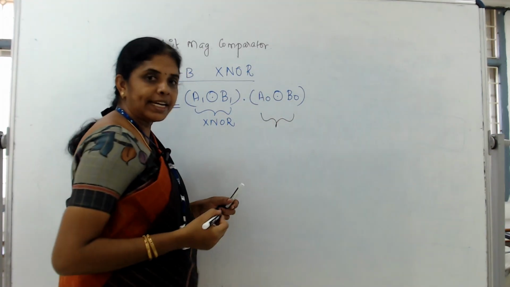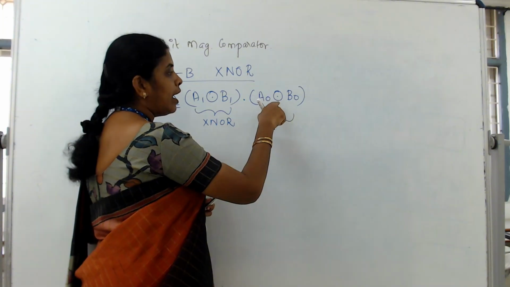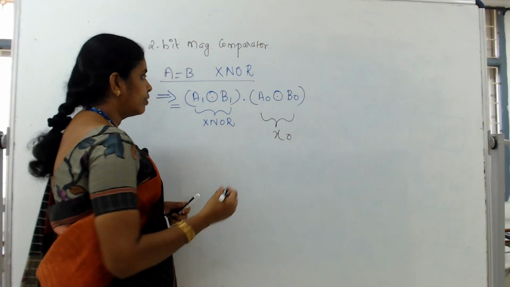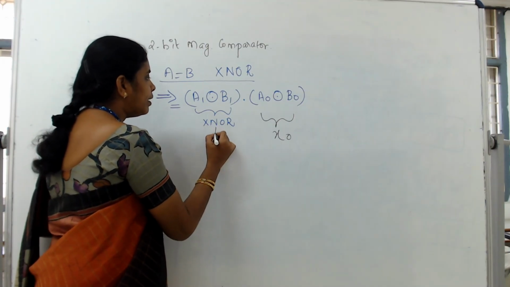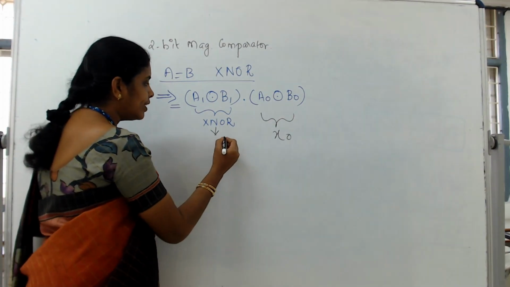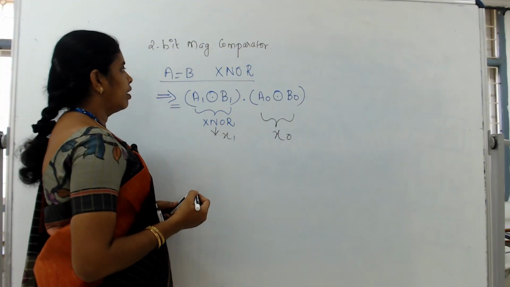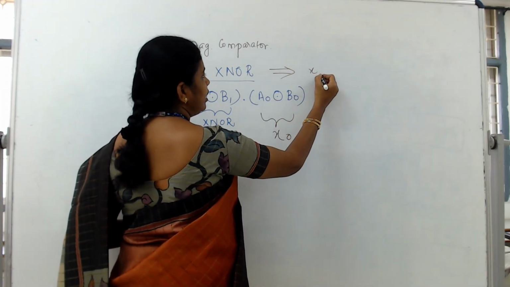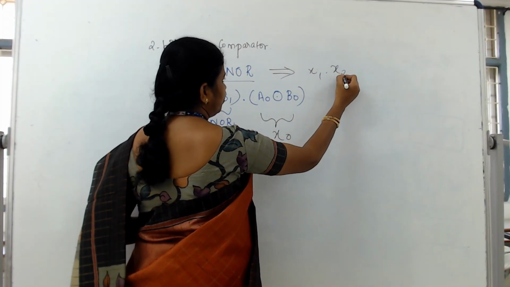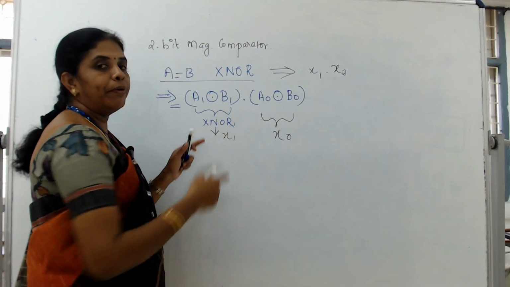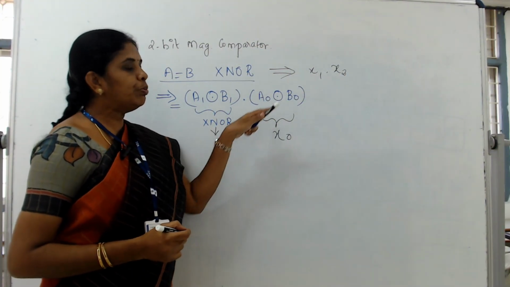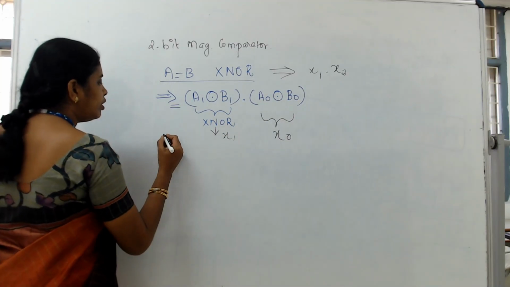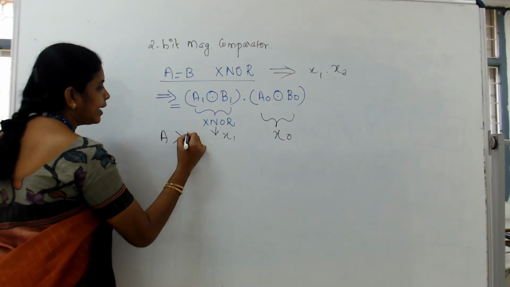For simple understanding, A0 XNOR B0 is equal to X0. Similarly, A1 XNOR B1 can be written as X1. So A equal to B is X1 into X0, where X1 is A1 XNOR B1 and X0 is A0 XNOR B0.